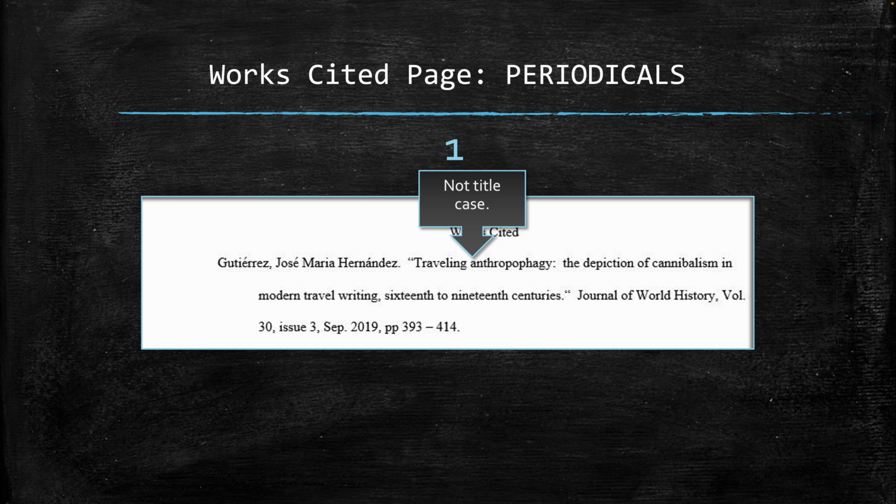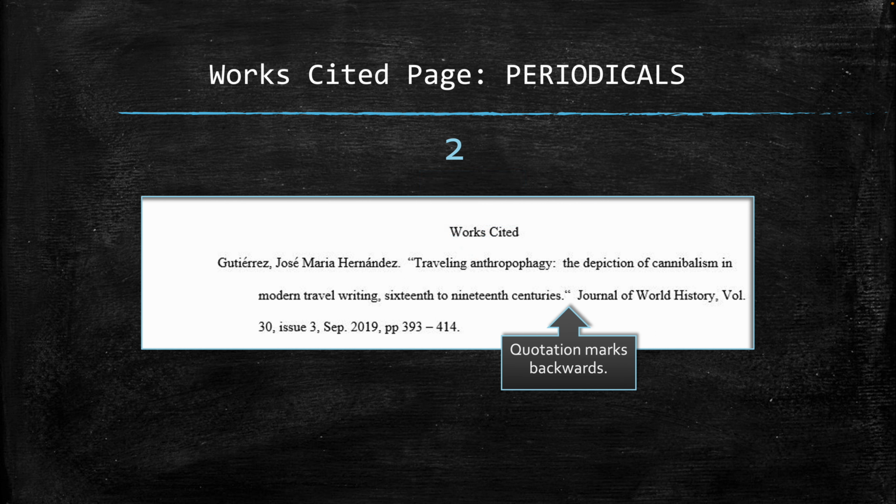That is mistake number 1. Number 2, the quotation marks are backwards. Notice the title of the article has opening quotation marks, but it does not have closing quotation marks because the writer got them backwards here.